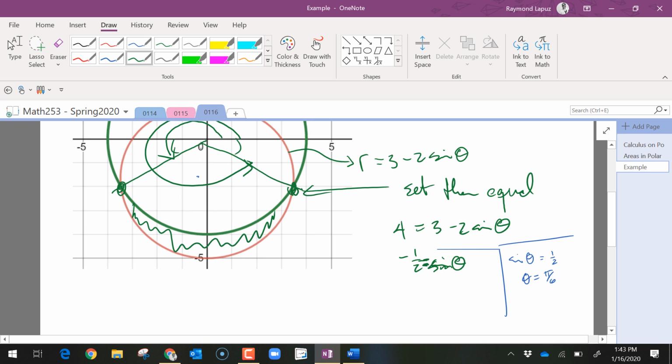Okay, so pi plus pi over 6. So that's 6 pi over 6, 7 pi over 6. So 7 pi over 6 for the first one. And then this is 2 pi, which is 12 pi over 6 minus pi over 6. That gives an angle of 11 pi over 6.